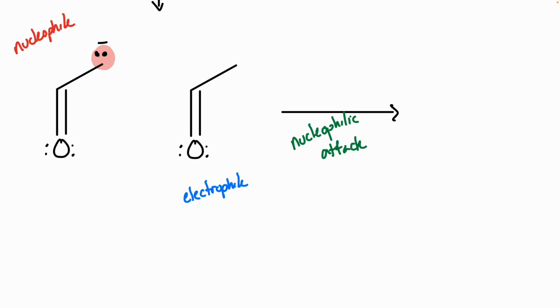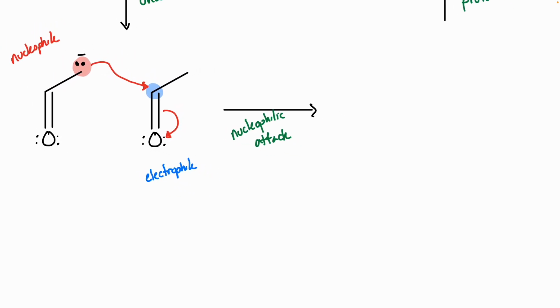Which atom in here is going to be my electrophilic site? That carbonyl carbon. And nucleophiles are going to do what nucleophiles do to an electrophile: it's going to attack. Whenever our carbonyl carbon gets attacked, that kicks that pair of electrons up, forming that tetrahedral intermediate.